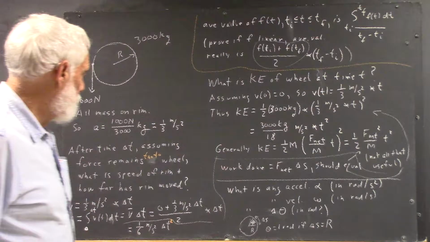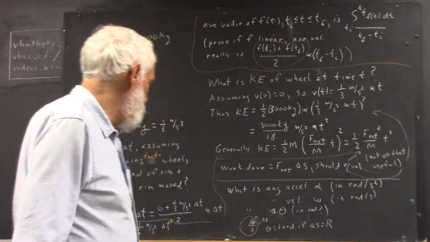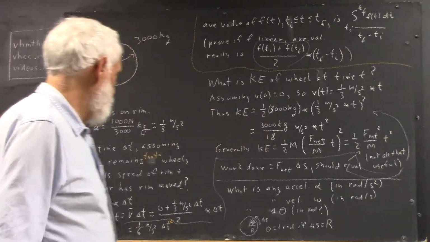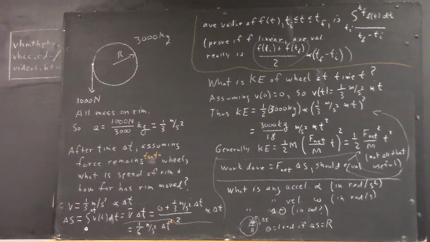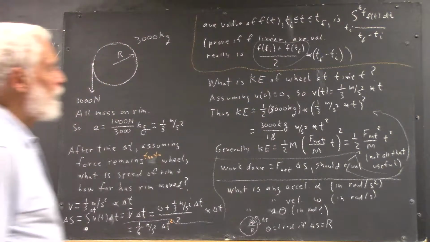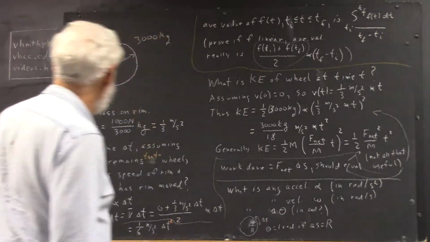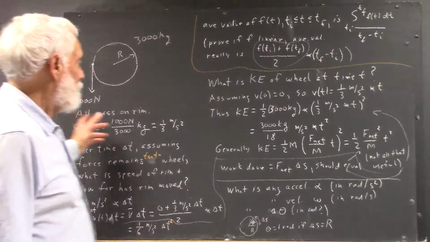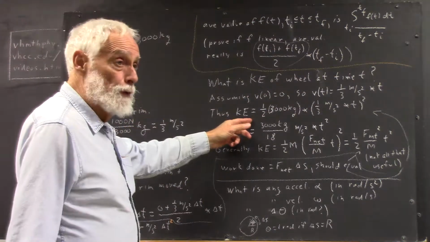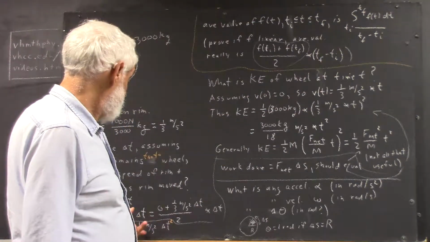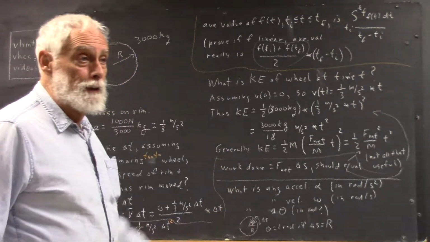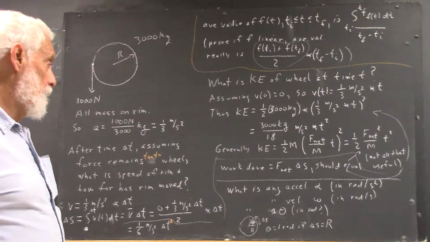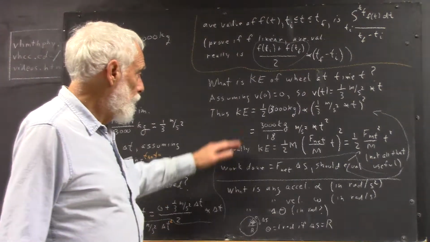So if we multiply that by the net force, do we get something that agrees with this? It turns out that we do. Basically, 3,000 over 18 is the same as 1,000 over 6. 1,000 is a third of 3,000, right? 6 is a third of 18. So you can reconcile this as well.